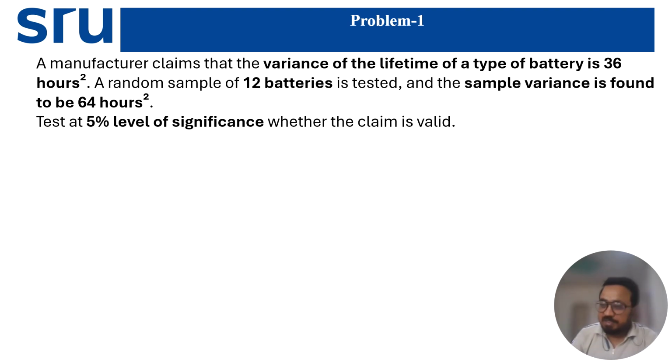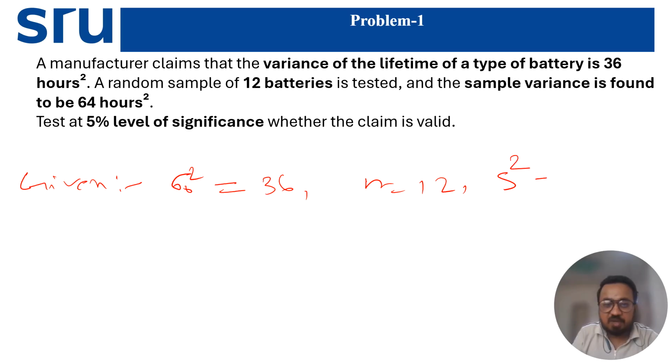So what is given in this question? Given sigma naught square, that is the claimed variance, is equal to 36, n equal to 12, s square is equal to 64, and alpha equal to 0.05.